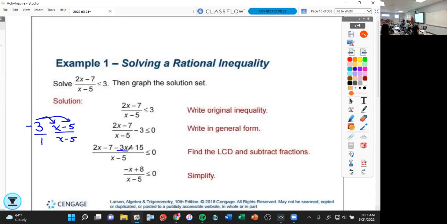Negative 3 times negative 5 is positive 15. So that's where the negative 3x plus 15 came from. Okay? Now that that's in place and they both have a denominator of x - 5, I can write this as one fraction. Questions on that?